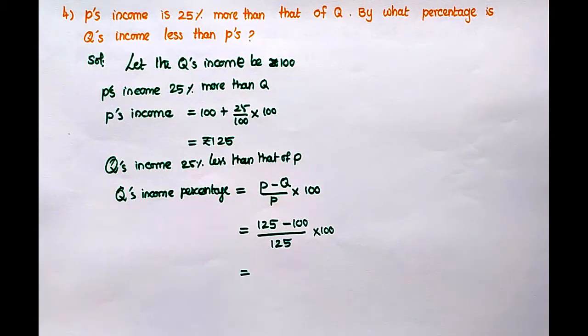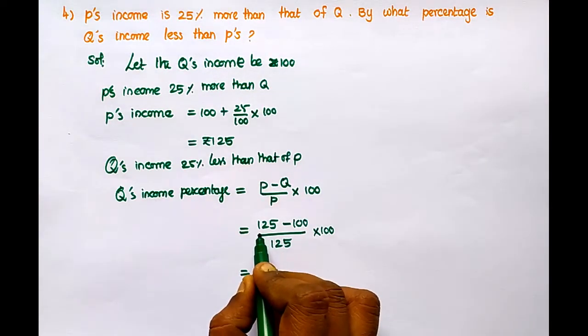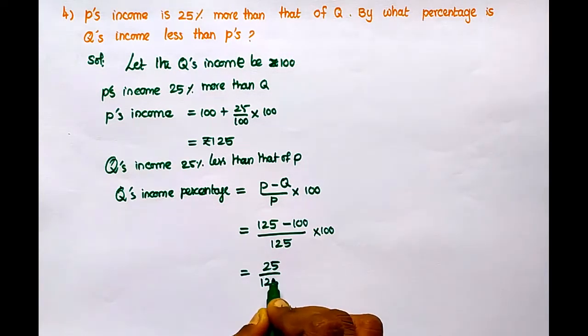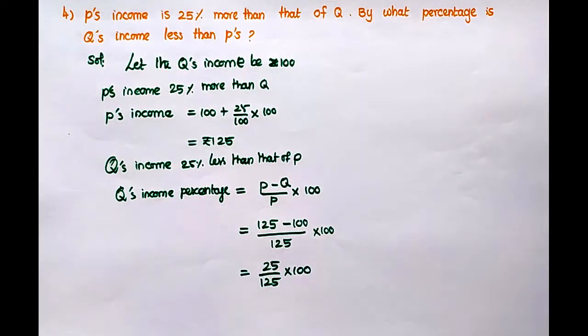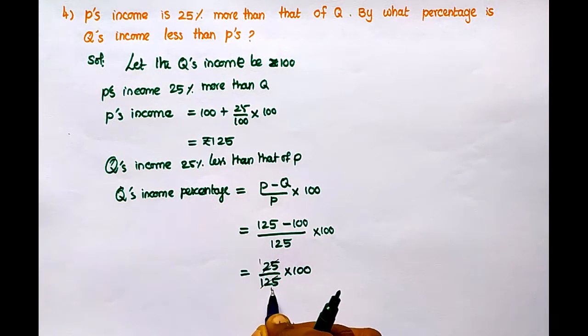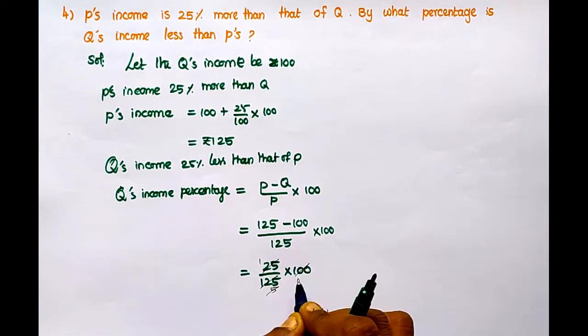Now simplify: 125 minus 100, 25 by 125 into 100. Cancel these numbers, 125, 5 fives are 25. Again 5 and 100 means we get 20.